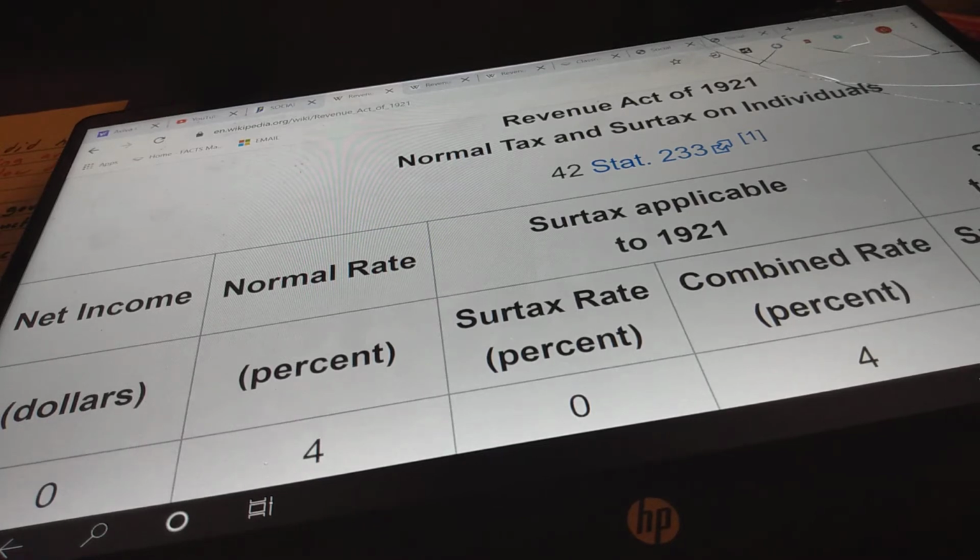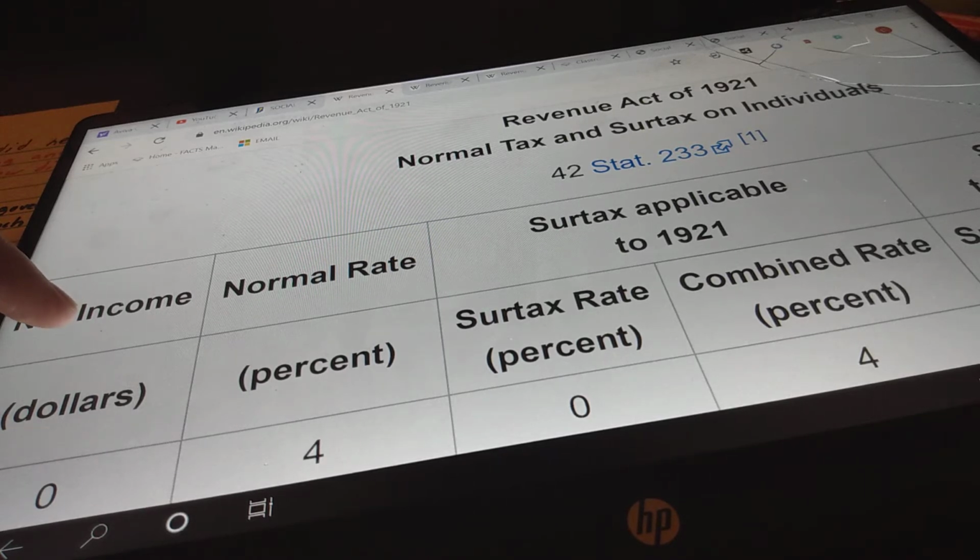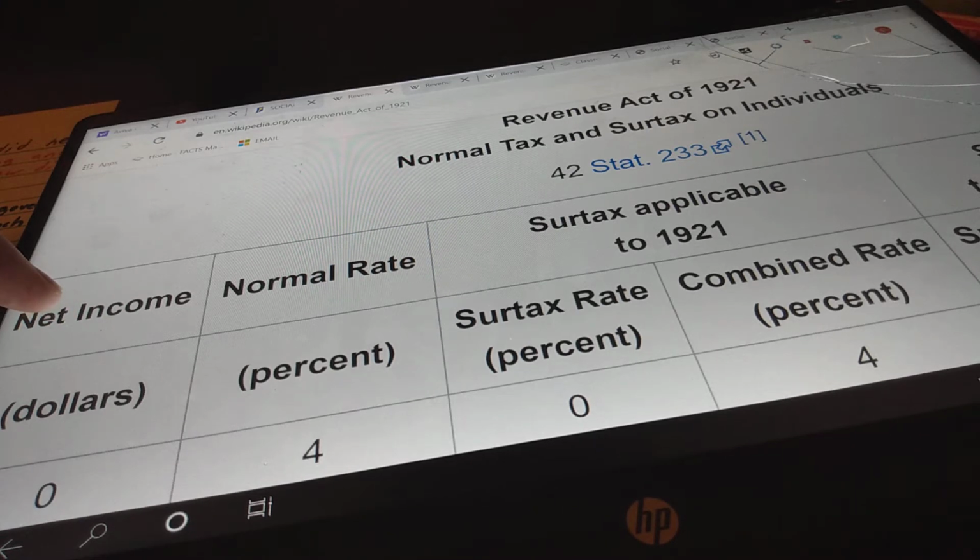In this chart you have this thing called net income. That's the first column, and it goes down. Net kind of means total, and your income is the amount of money that you earn in a year.